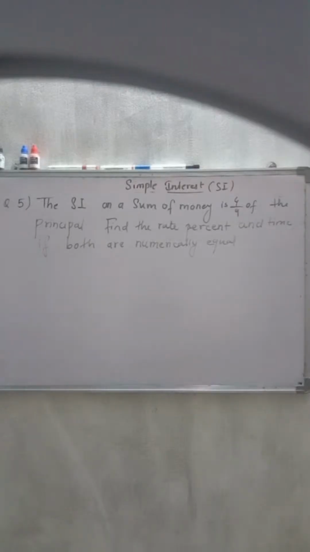So the question is, the simple interest on a sum of money is 4 by 9 of the principal. Find the rate of interest and time if both are equal. Rate of interest and time both are equal and we want their value.